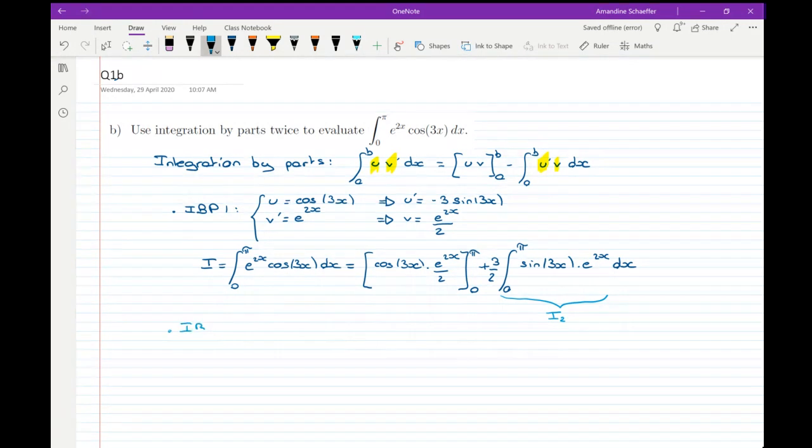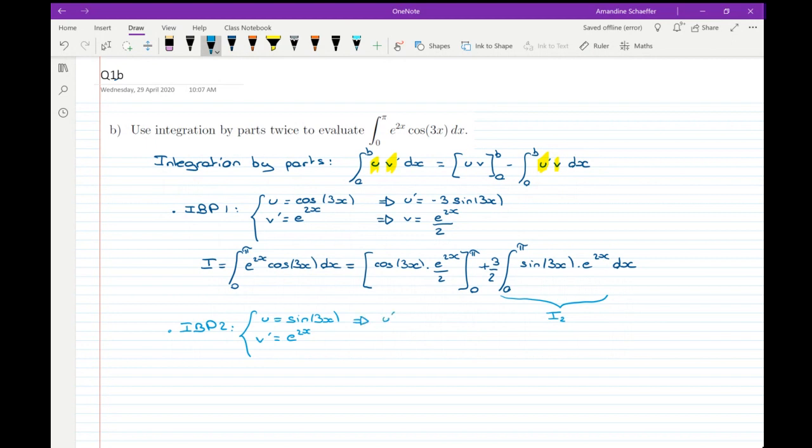So second one, for I2, I'm going to do the same thing. And again, in this case, you can choose whichever you want. So I'm going to keep the same thing. So U is going to be the trig function, so sine 3x. And V dash is exponential x.